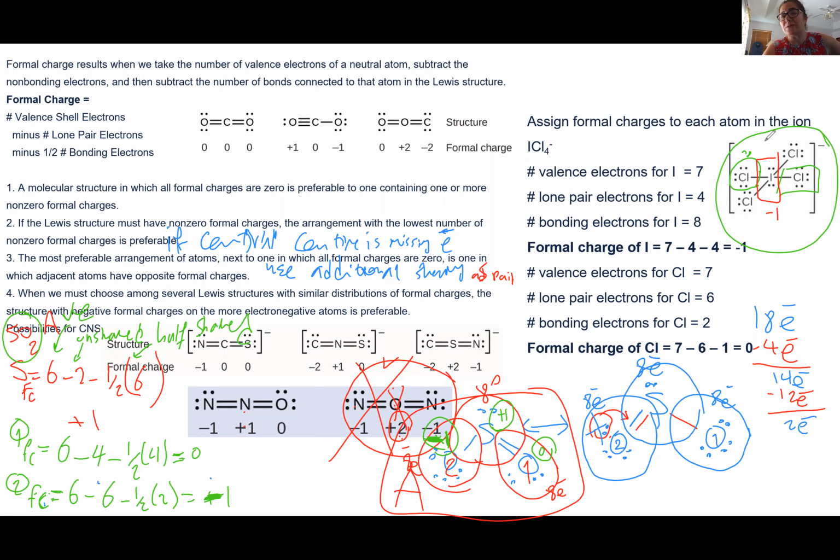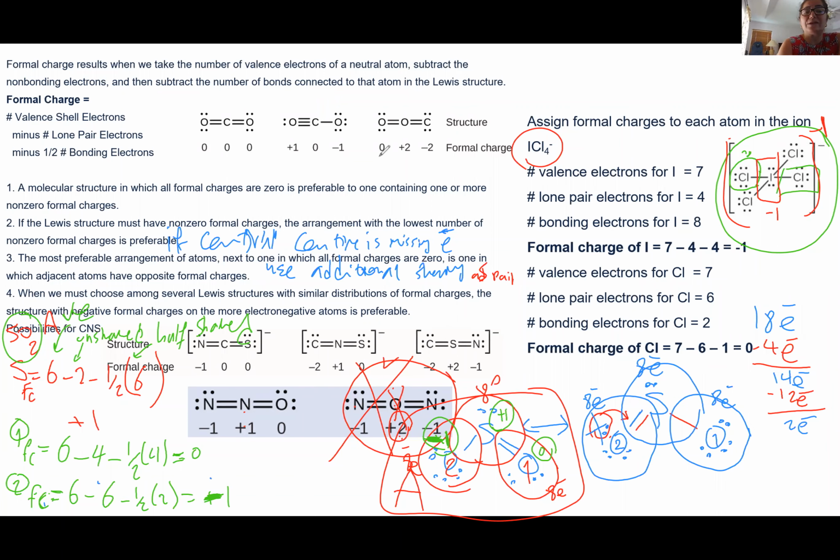And that -1 shows outside of this bracket as the overall charge of the ion.